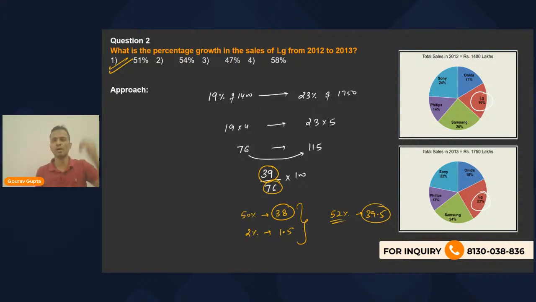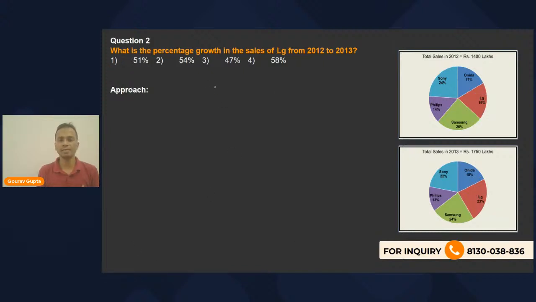Okay, this is one method of tackling this question. Another method, let's talk about that. LG's percentage share has grown from 19 to 23. So let's talk about the percentage increase in the percentage share.